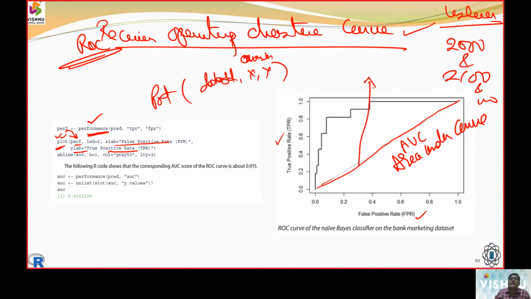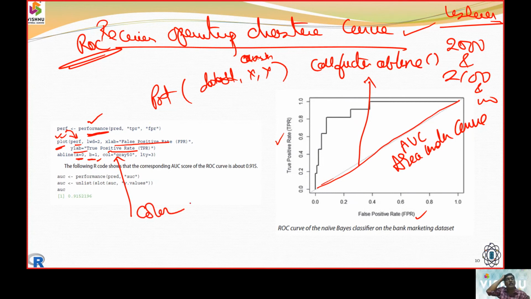In order to draw this line, we will call the function called abline. So abline is given a location A, that is for the x-axis, and a location B for the y-axis, and it wants a color, the name of a color, which we call gray 50, and then lty, which gives the line style, and line width, which is about 3.